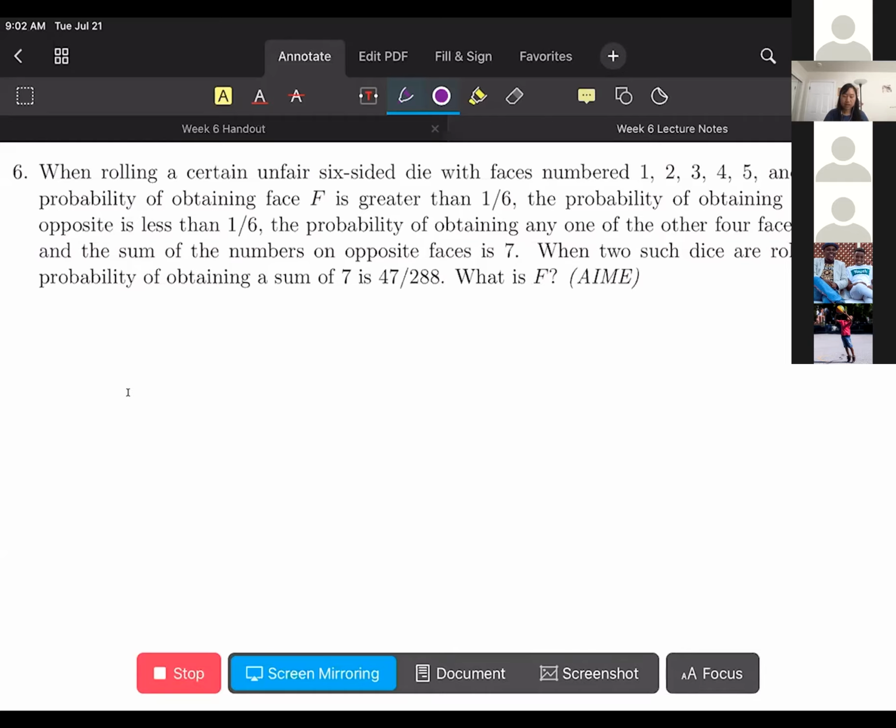When 2 such dice are rolled, the probability of obtaining a sum of 7 is 47 over 288. And then you want to find what is F. So what's the probability of obtaining this specific face F? Any thoughts on how we could do this one?